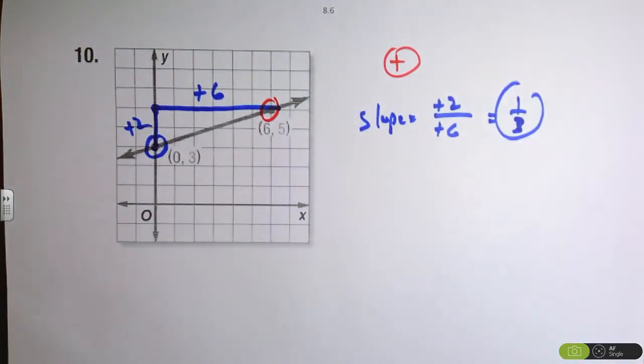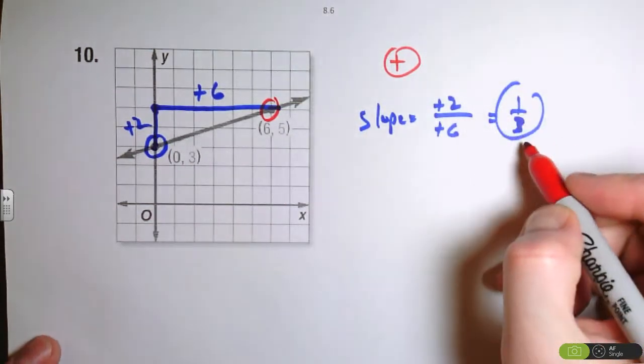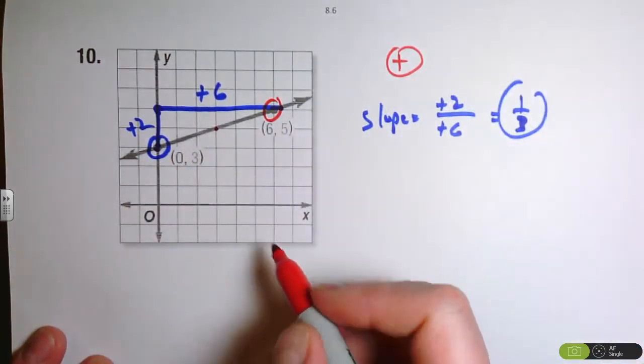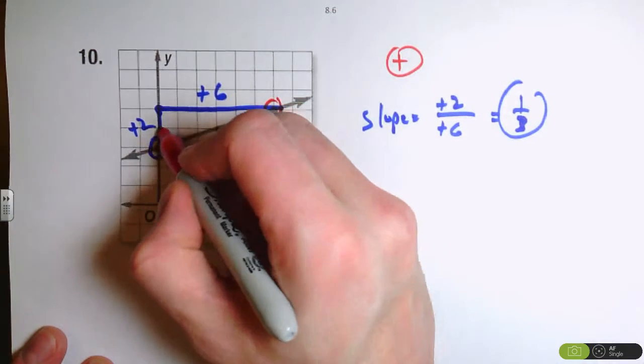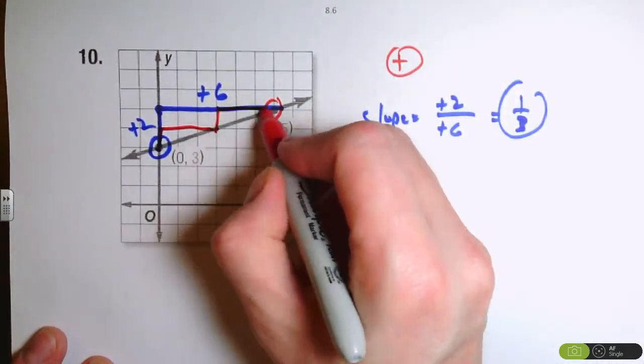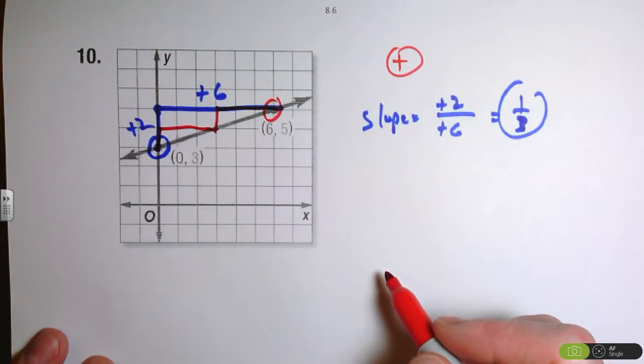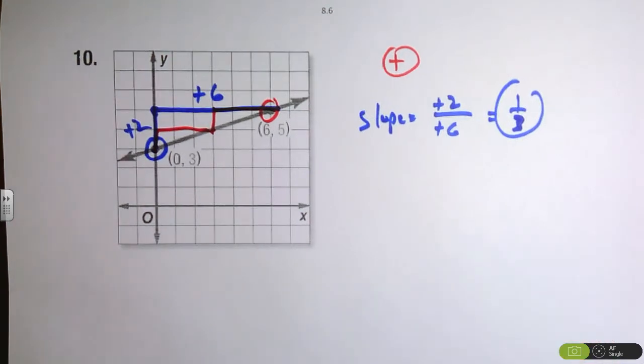Now, if I look at this in the graph, notice it was 1/3. I have 2 over 6. That's because there's a point right here they didn't label for us that we could also think of having gone up 1, right 3, up 1, right 3. So I also get that triangle. Okay, so that's 1/3.